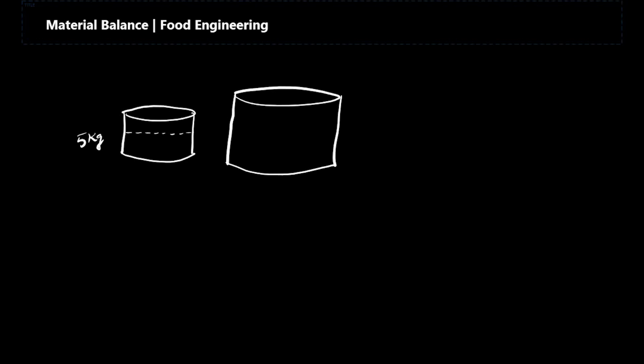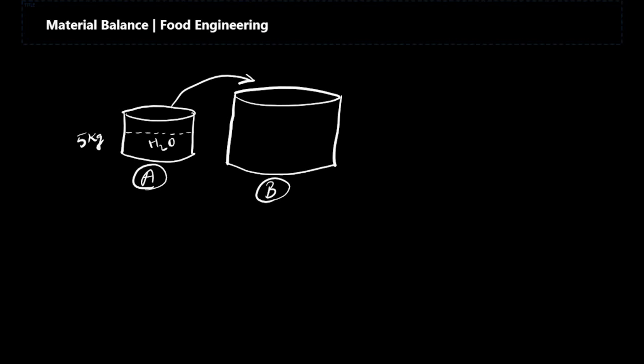Now if you transfer this 5 kg of water into a different container, then material from container A will be transferred to container B. And that, in simple terms, is the transfer of material.